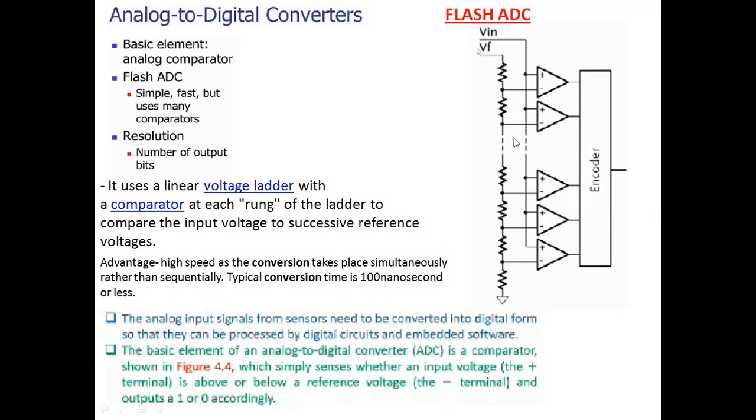You can see the dashed line here, so we have a continuation of the resistor connection as well as the use of comparators. The basic element of the ADC is the comparator, which will sense whether the input voltage applied at the non-inverting terminal, the positive terminal of this op amp, is above or below some reference voltage. This reference voltage is applied at the inverting terminal of the op amp, which acts as a comparator.